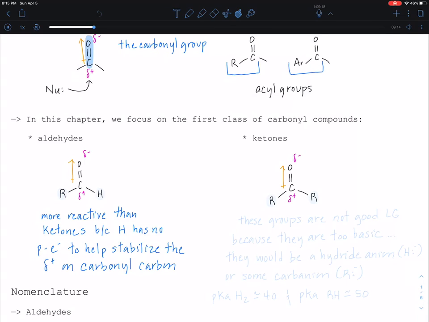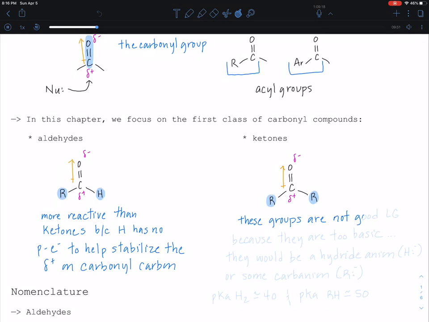And so these groups right here, when I was saying these particular carbonyl compounds have groups that cannot be easily displaced by a nucleophile, I'm talking about these right here. These particular groups cannot be easily displaced by a nucleophile because when they leave, if they were to leave, these groups are not easily displaced.